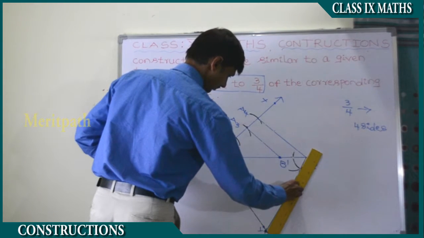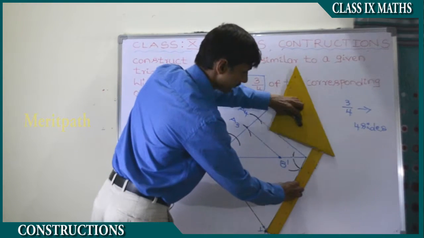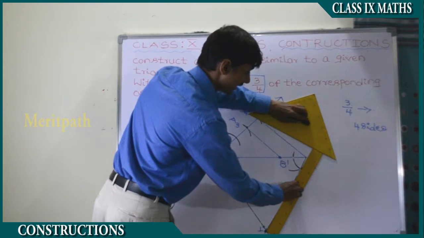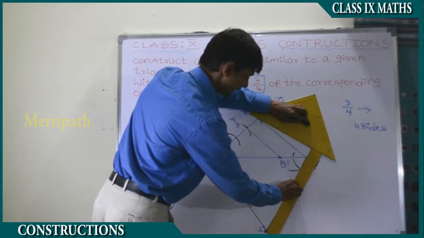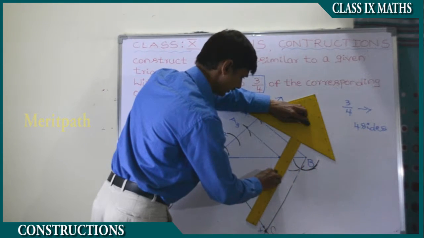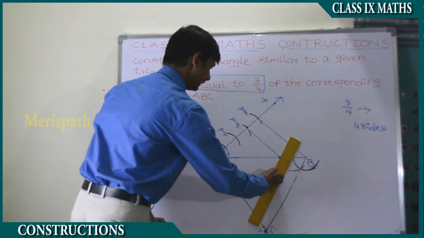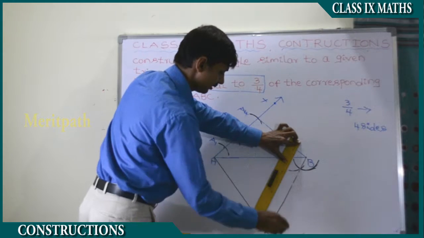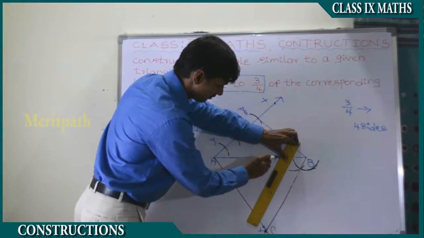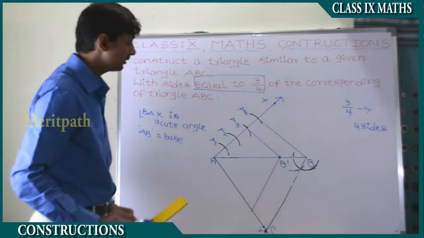Using the set square, we are going to draw a parallel line to BC. Move this towards B dash, and using the point we got, draw a line segment.